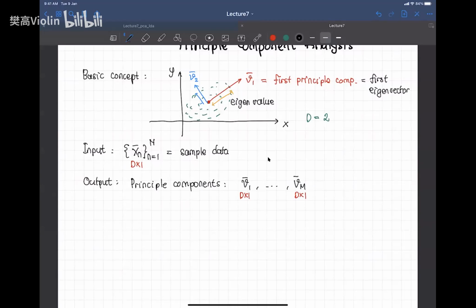Basically, if it is dimensionality reduction, if you want to reduce the dimensionality, later we will learn that we can have m smaller than t, or in general, m can be equal to t as well. So this is the purpose of having these principal components, that we want to reduce the dimensionality of the data.